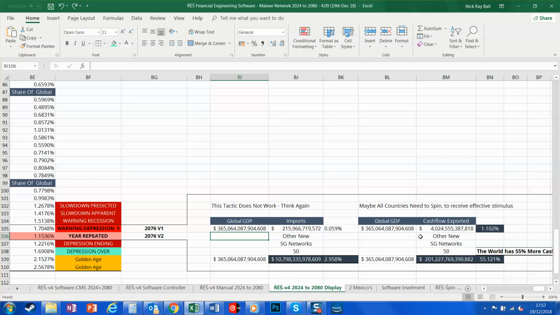Okay, so if we work in standard economics, that is spent on imports plus another 50 networks.